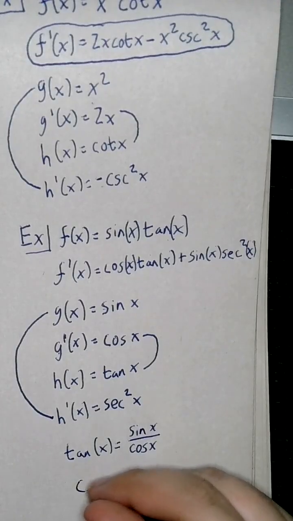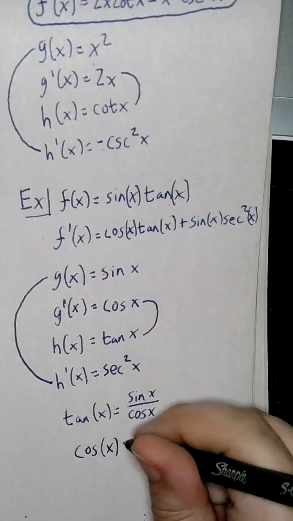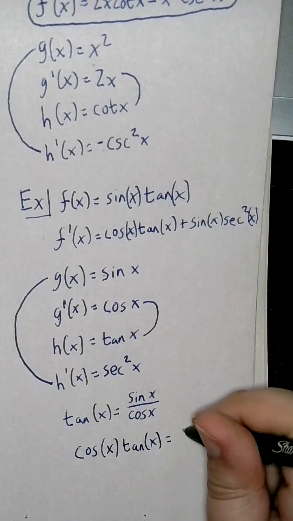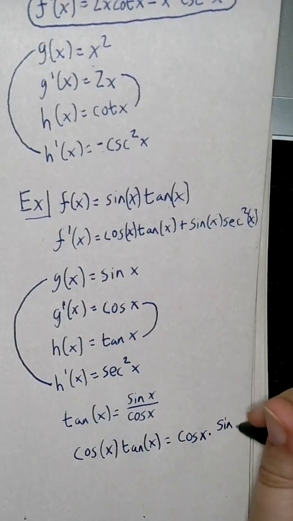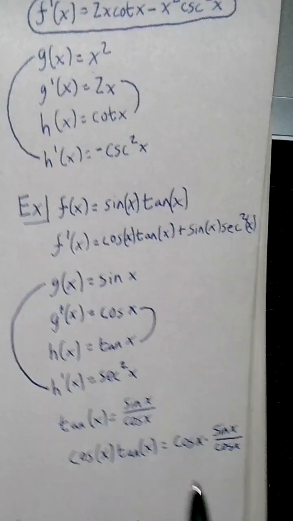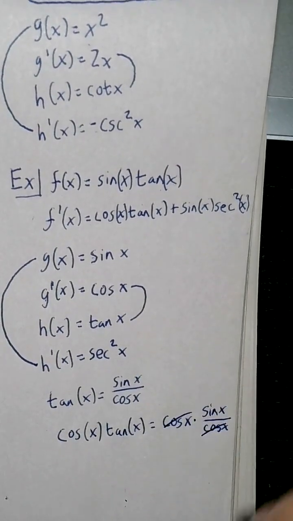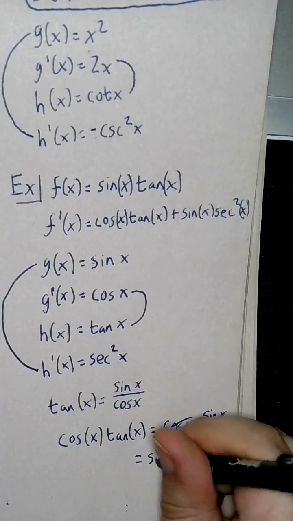So when I have cosine of x times the tangent of x, it's the same as cosine of x times sine x over cosine x. And since I'm multiplying here, I can say bye to my cosines. And what I'm left with is simply sine.